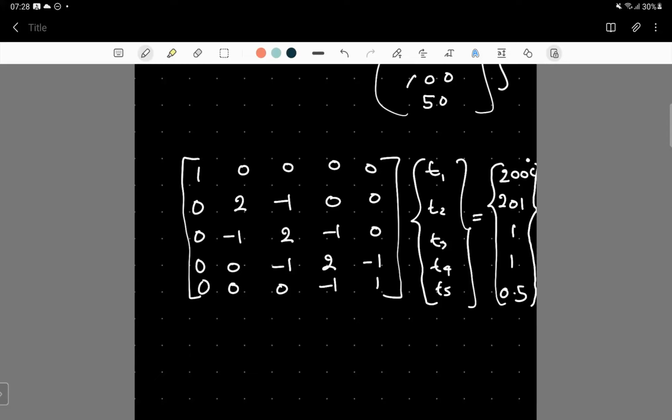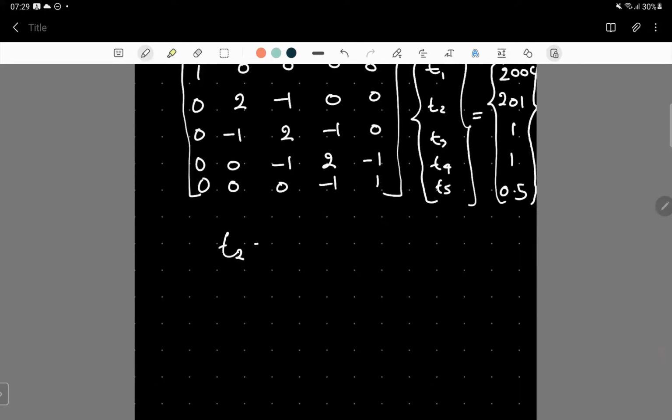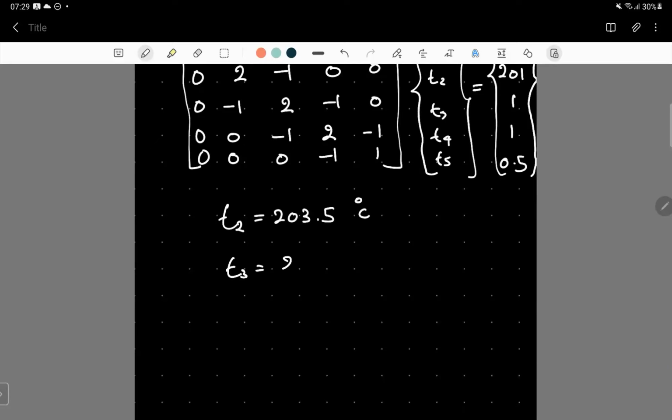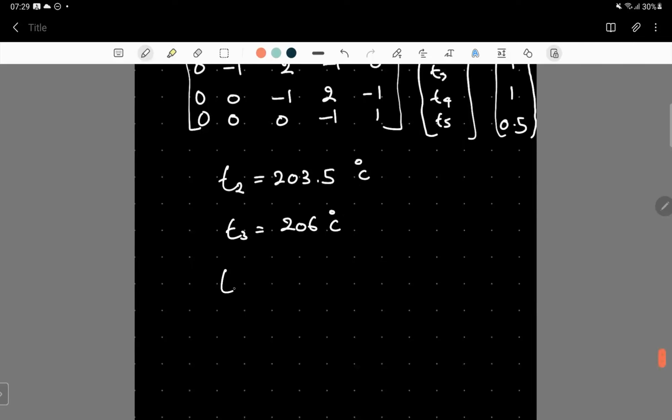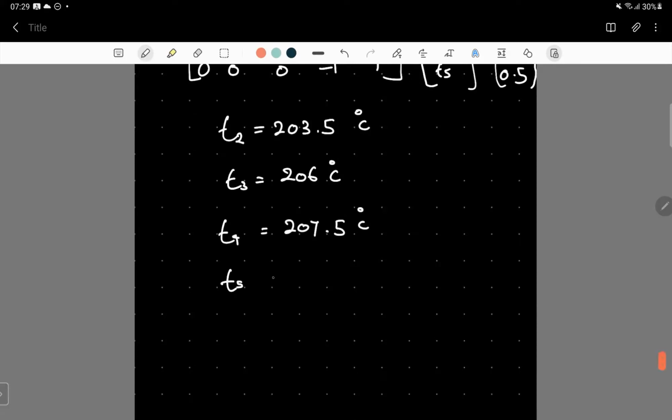Right now we can solve the equations from the second to fifth equations. We can solve them simultaneously, and when you solve them you would get temperature T2 to be 203.5 Celsius degrees, T3 206 Celsius degrees, T4 207.5 degrees, T5 208 degrees.